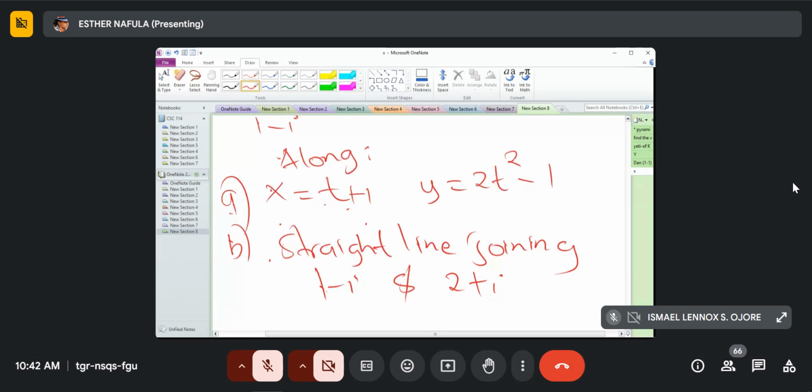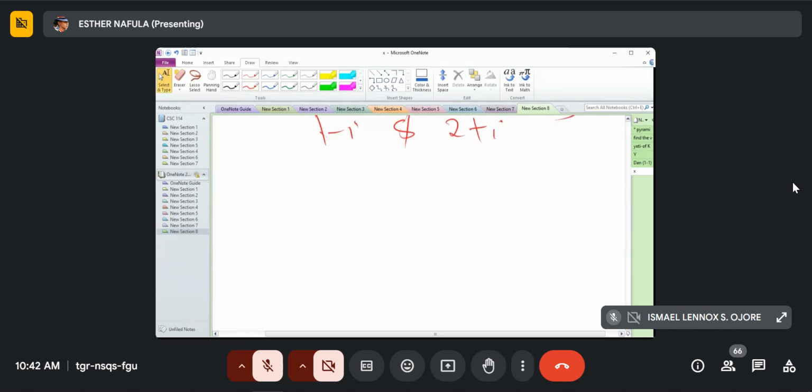So if you're given an equation parametrically, your function f of z is given in terms of the variables x and y, but those variables are functions of the parameter t. So you only need to go back to your function.